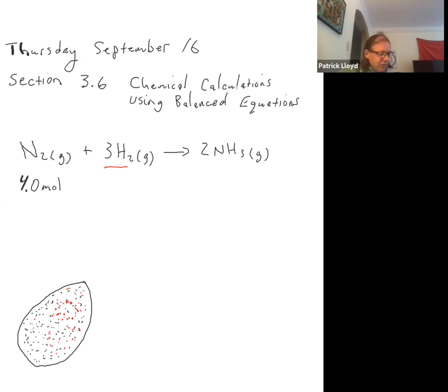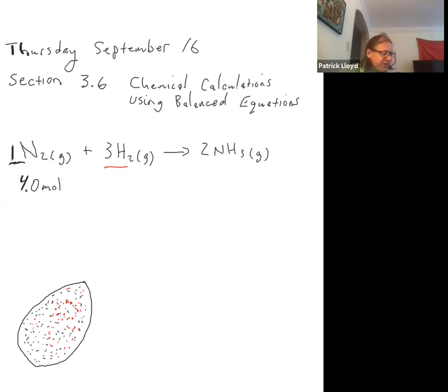If we look at the equation, there's a relationship. Now, even though there's no number written here, it's implied that that's a 1, right? When we don't write a number, a coefficient in front of a reactant or product, the assumption is that it's a 1.